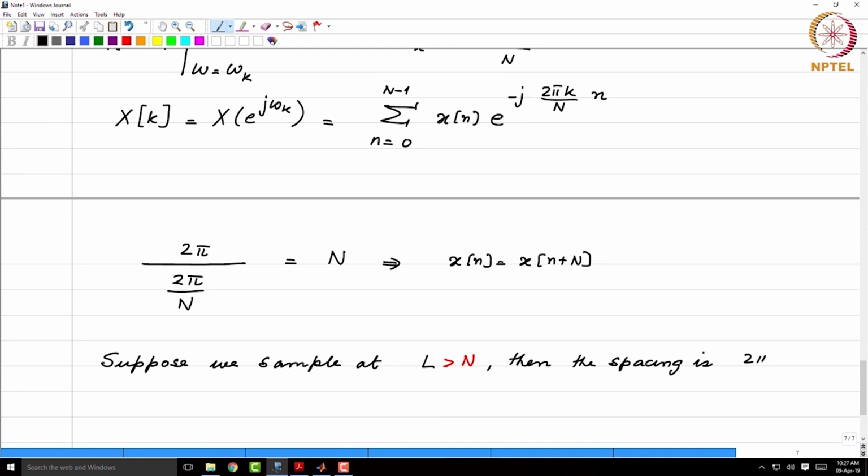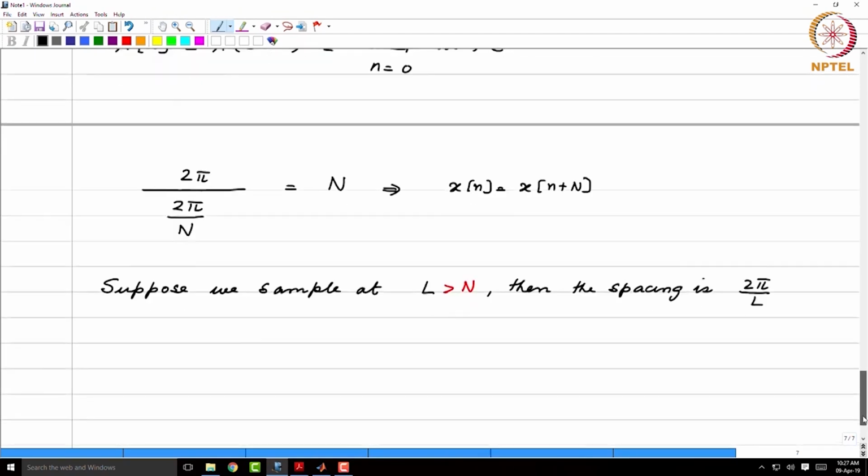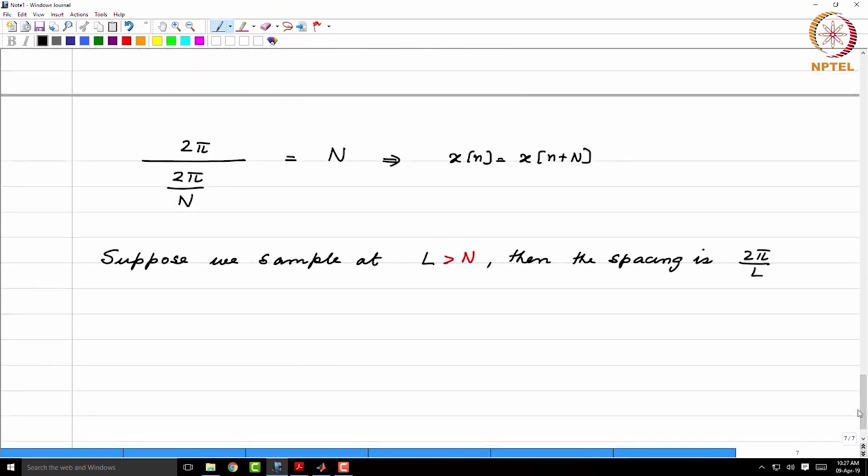The spacing is 2 pi by capital L, and hence in the time domain the repetition will be 2 pi divided by 2 pi by L, which is L, and hence you are now left with the situation where x of n plus capital L equals x of n.